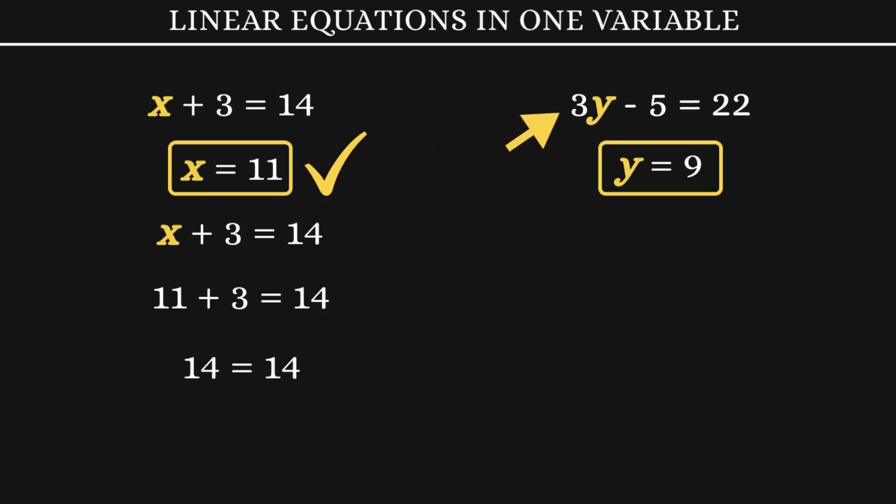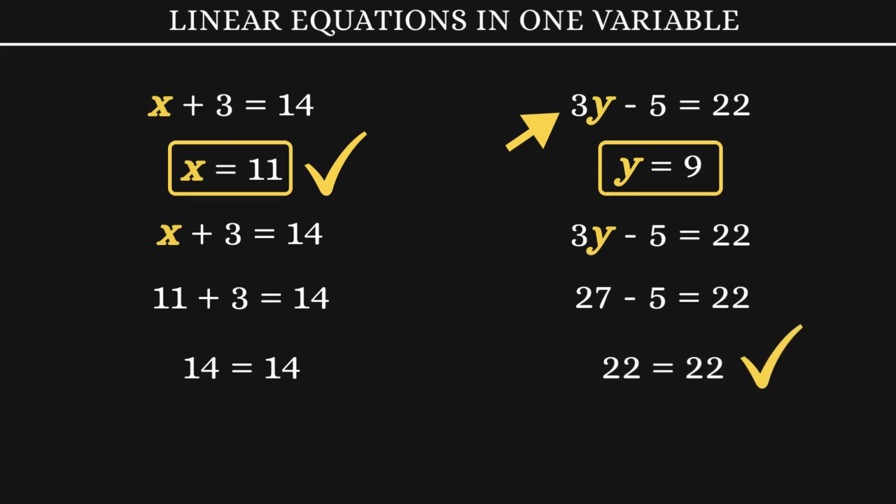Coming to this question, y is equal to 9. 3y will be 27. 27 minus 5 will be 22. So here again we have the right answer.